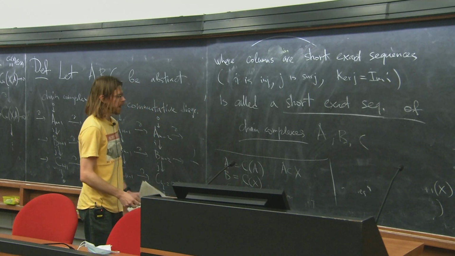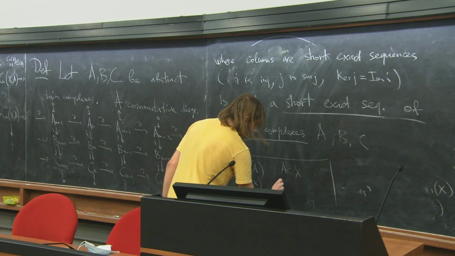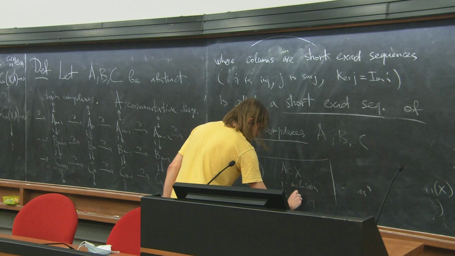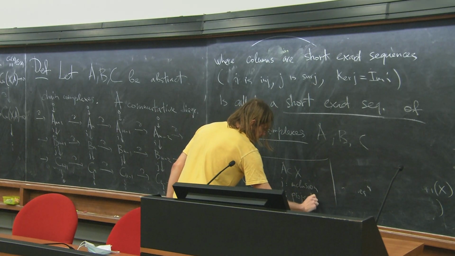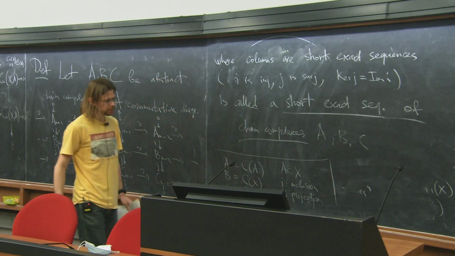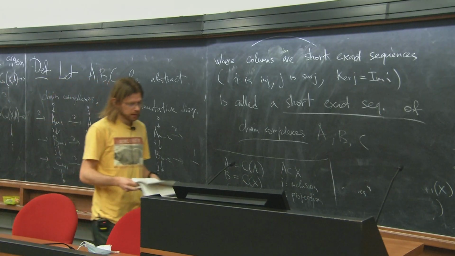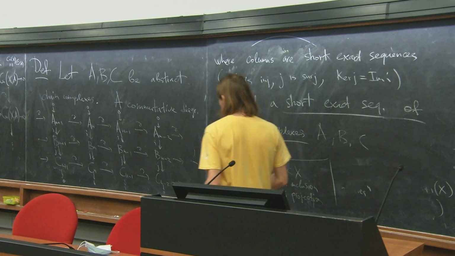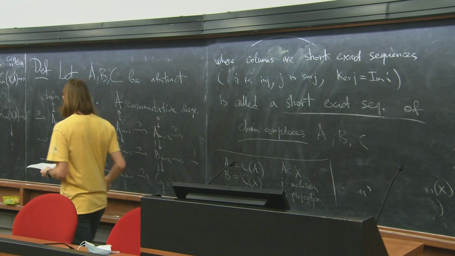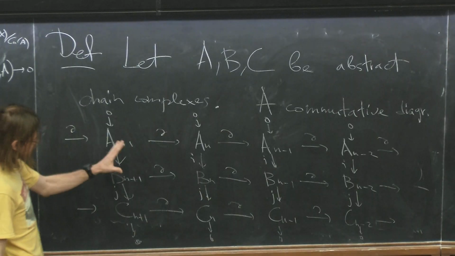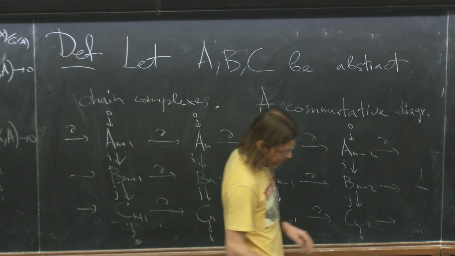And again, I was the inclusion, and J is the projection on the quotient. But many statements which we can make can be obtained in this more general setting.